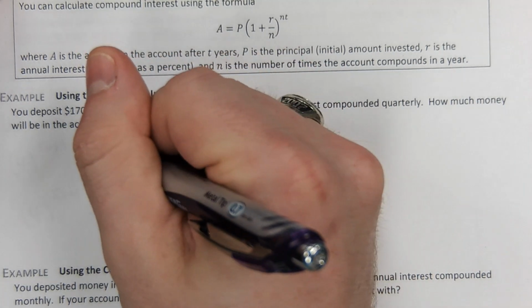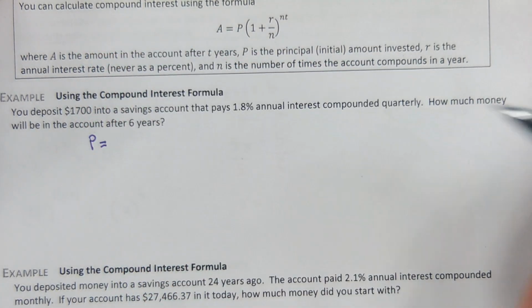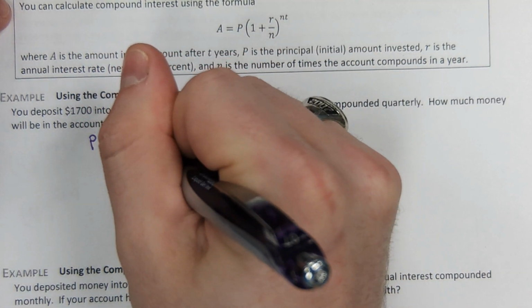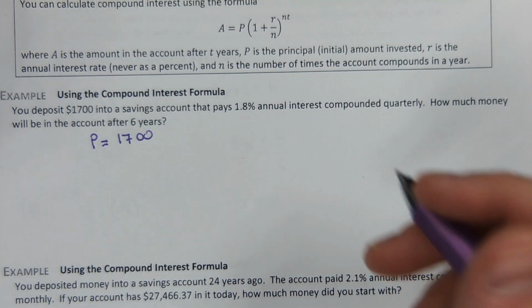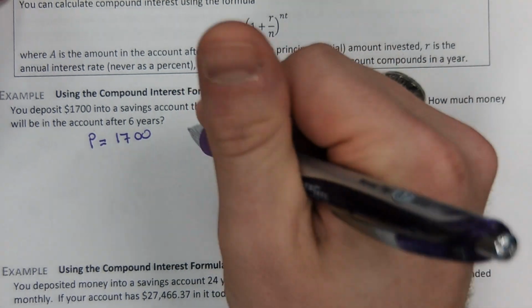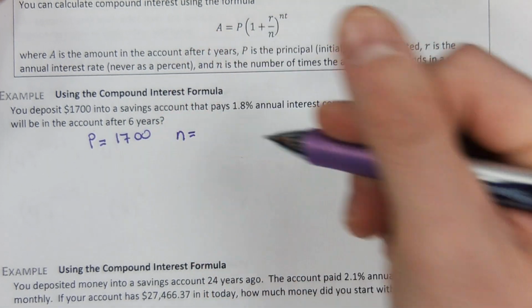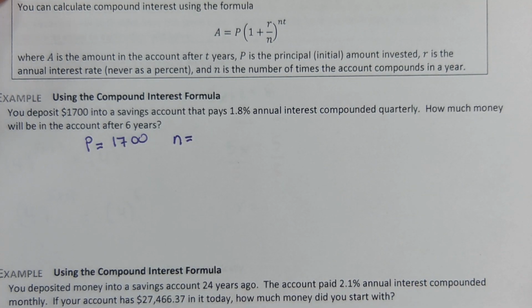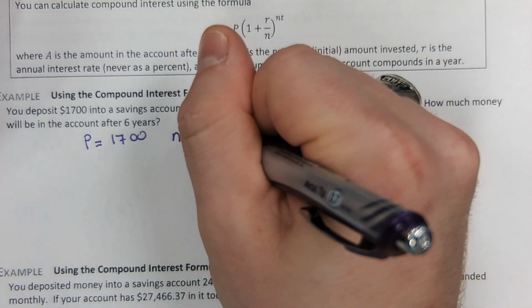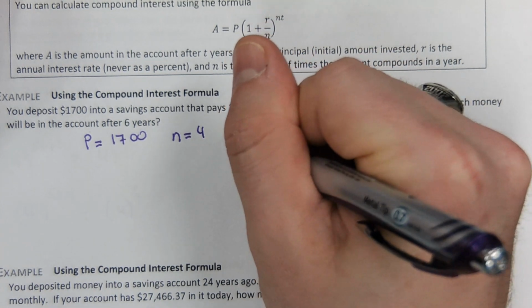What is P, the principal amount? 1,700, yeah, and lots of voices would be great to make sure that I know my entire class is getting it. We've already said it, but what is N, the number of compounds per year? Quarterly? 4. Time is 6.